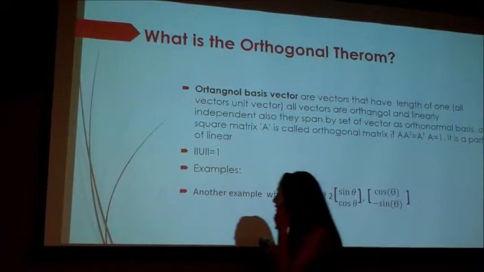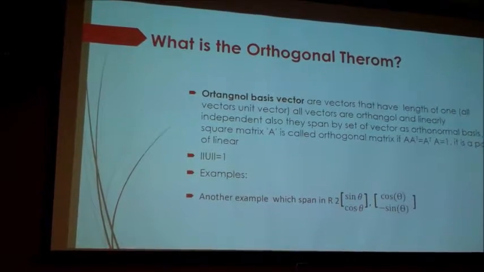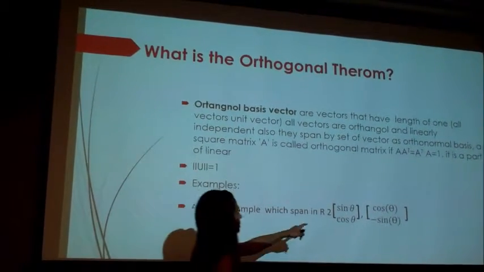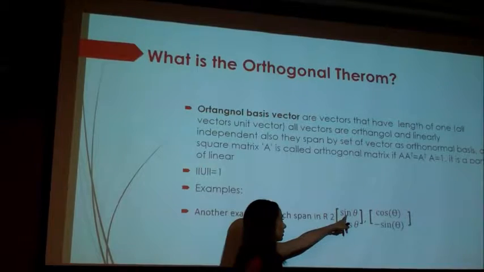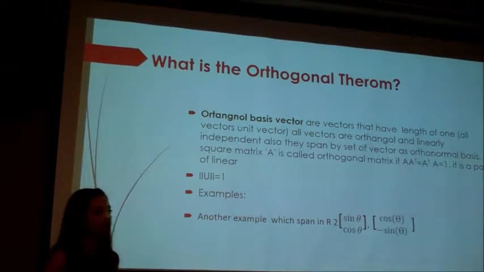And if we're dealing with the angle, sine and cosine are still unit factor. If you take the square root of sine squared plus cosine squared, you will get a value of 1. So it's unit factor.